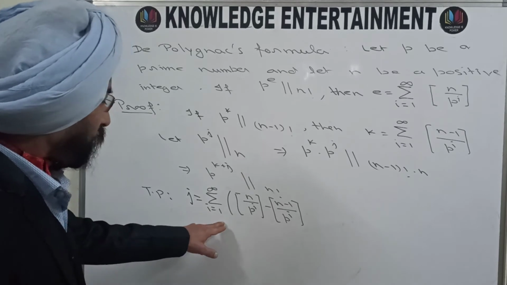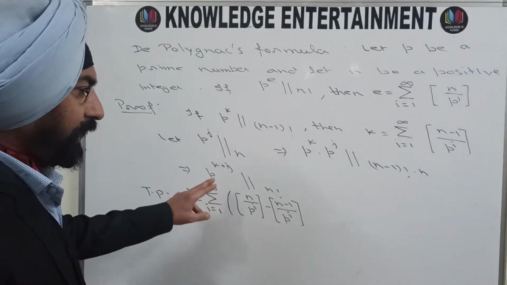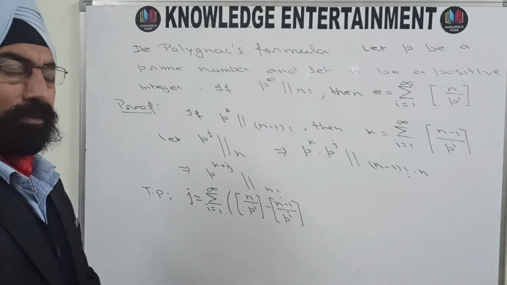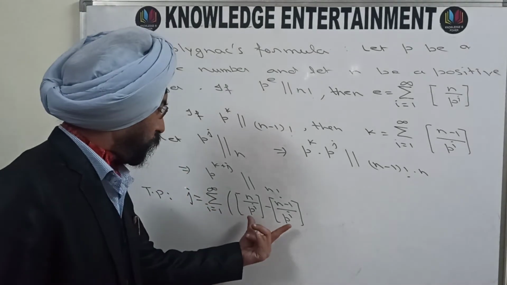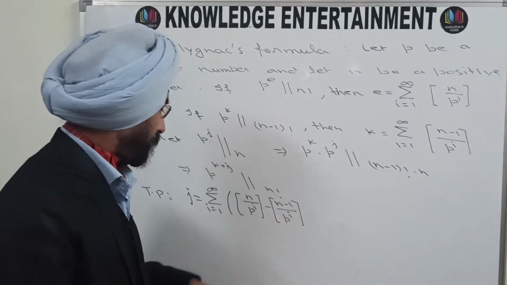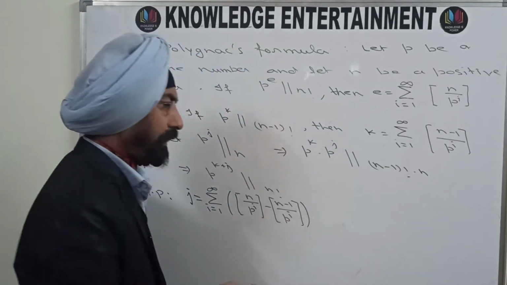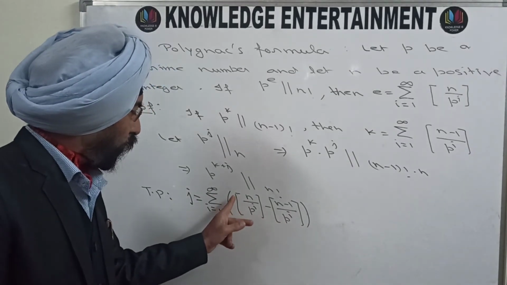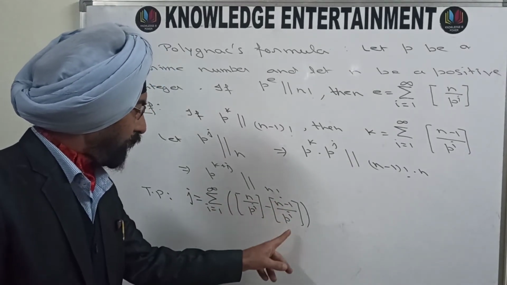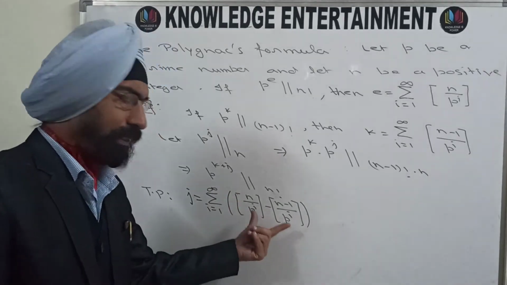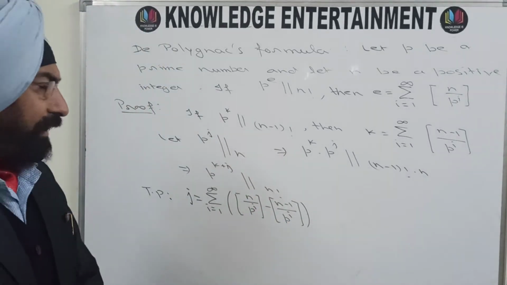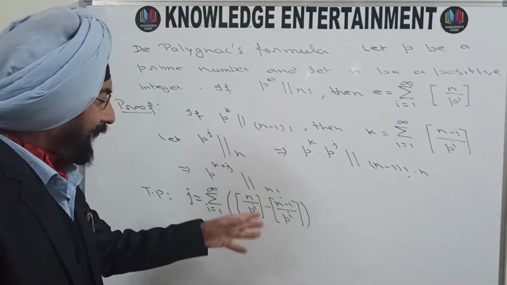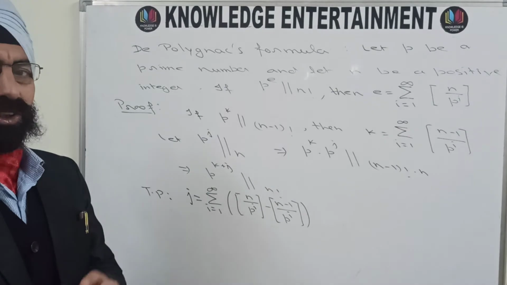This i varies from 1 to infinity. There can be two possibilities. Actually, what we are to prove is that this particular term, floor of n upon p power i minus floor of (n minus 1) upon p power i, is equal to 1 whenever p power i divides n, and it is 0 whenever p power i does not divide n.